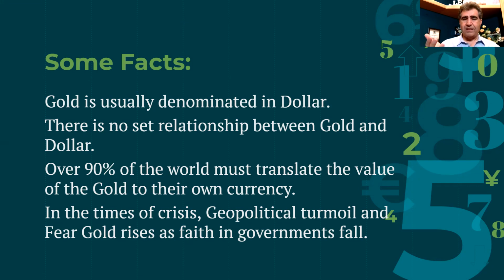When the gold is down, the dollar is up. So basically, there is that relationship, but it's not a set relationship. There are times that gold can go up with the dollar, and times that both can go down. And we will discuss some historical events that have happened.